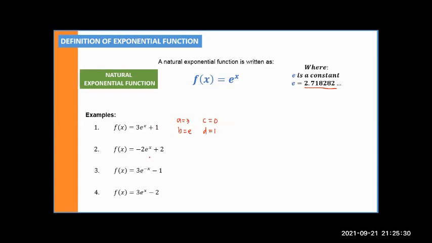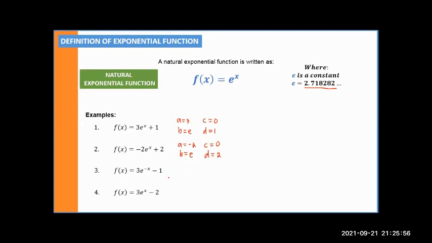Then example number 2, we have negative 2 times e raised to x plus 2. So again, ang a natin is negative 2. The coefficient bago mag-base, kasi ang base natin ay e. Then ang c natin is 0. Ang d natin is positive 2.